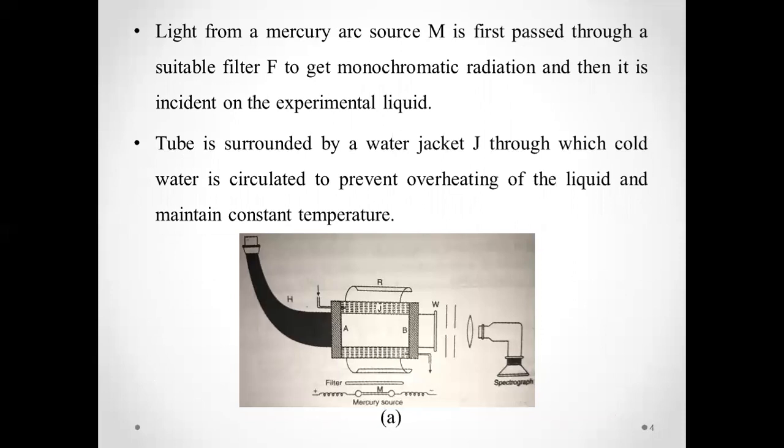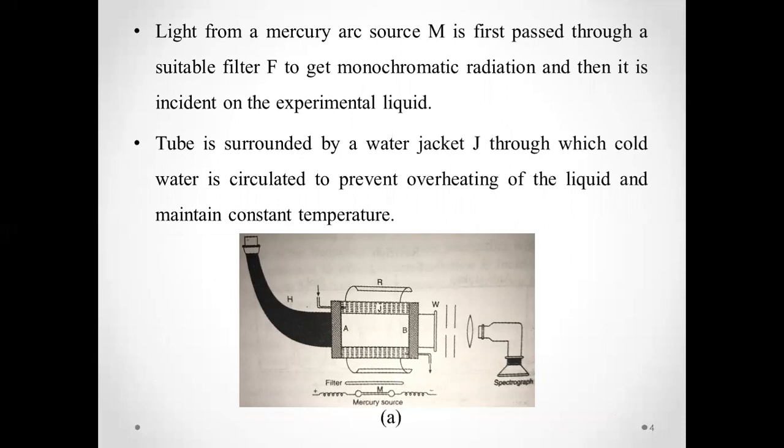Light from a mercury arc source, M, is first passed through a suitable filter, F, to get monochromatic radiation, and then it is incident on the experimental liquid.